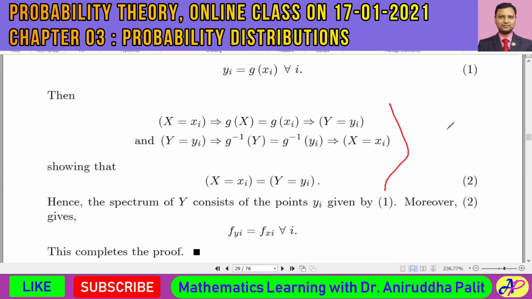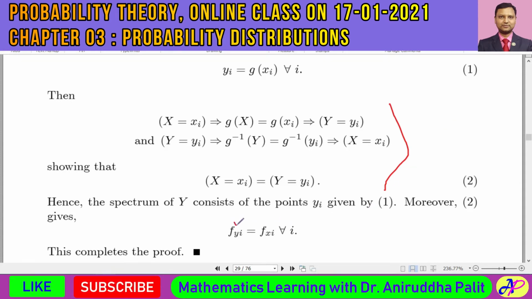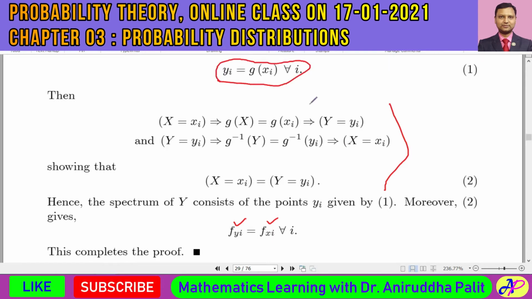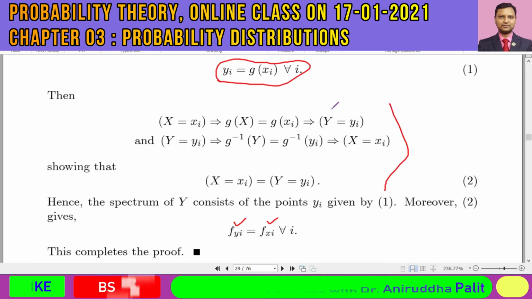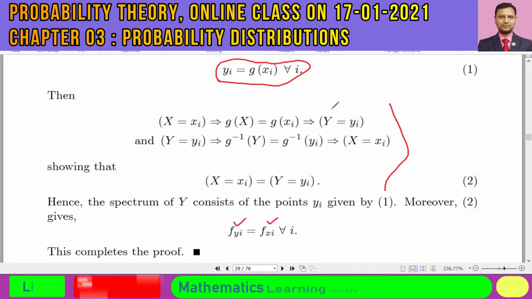In this way, we can prove that the probabilities at the points of the spectrum do not change, only the spectrum changes, and the spectrum is given by this transformation formula: yi is equal to g(xi). So that is the transformation for discrete random variables.